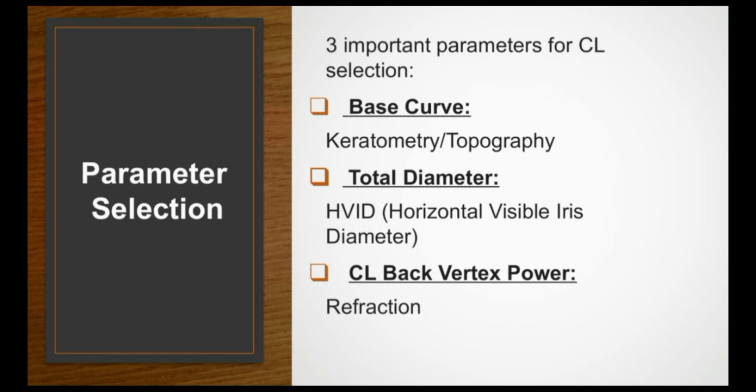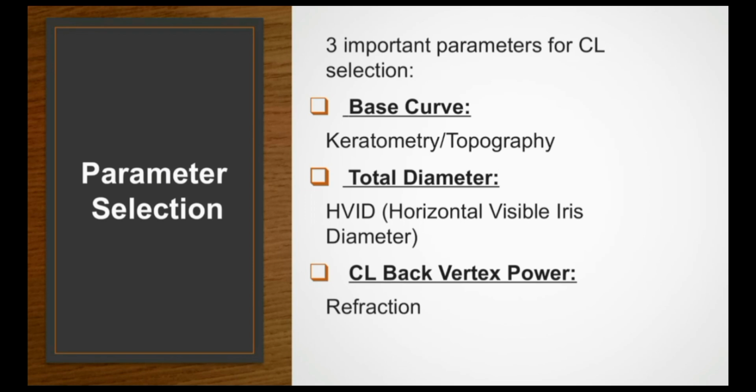Now total diameter can be calculated for any patient by measuring their horizontal visible iris diameter, which is the distance from the temporal limbus to the nasal limbus of the same eye. And next we have the contact lens back vertex power, or the power of the contact lens, that can be done with the refraction.